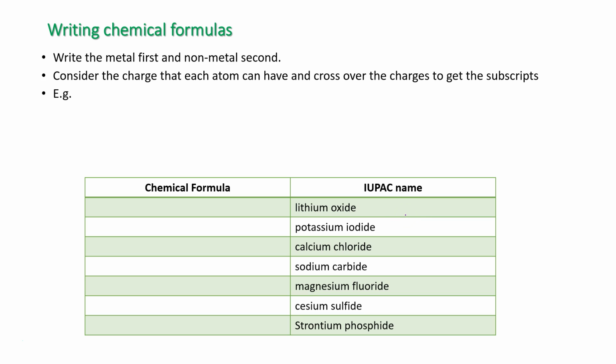Now writing chemical formulas. We're given the IUPAC name, and we now have to write the chemical formula. Once again, you have to write the metal first and non-metal second, but now you're going to be using symbols. You have to consider the charge that each atom can have and cross over the charges to get the subscripts.